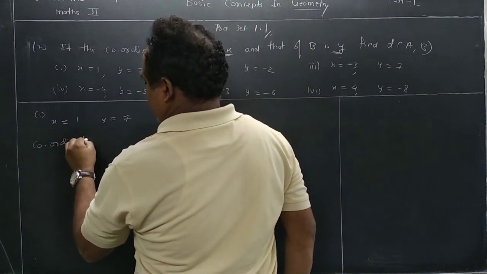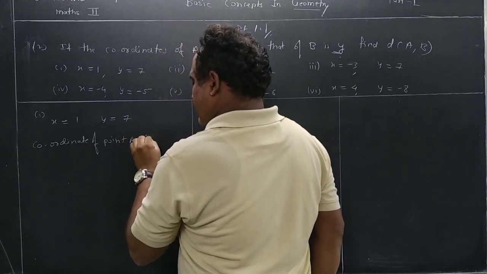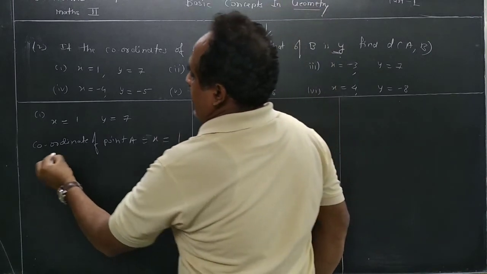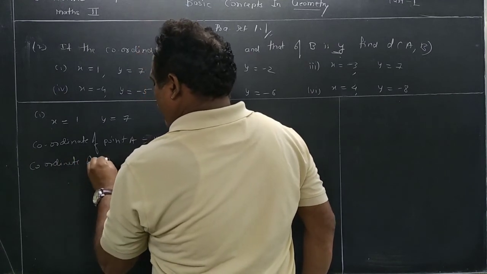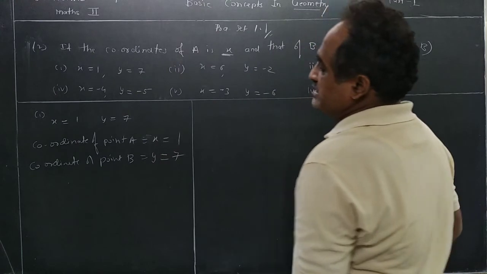The coordinate of point A, that is x, is equal to 1. And the coordinate of point B, y, is equal to 7.